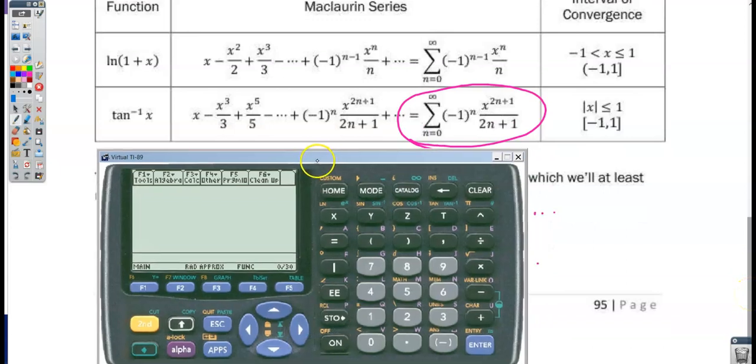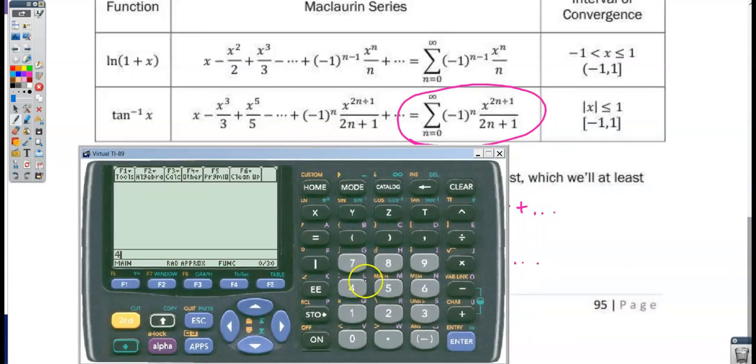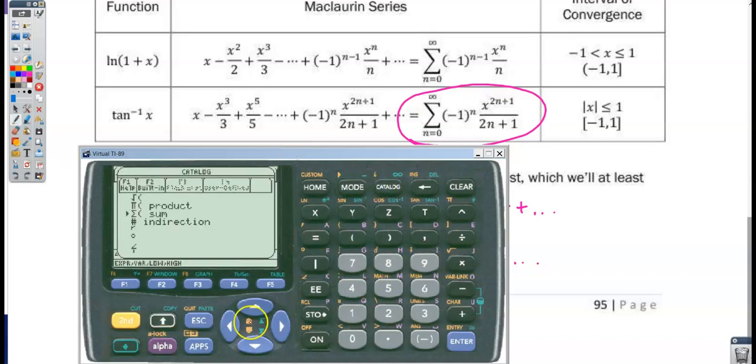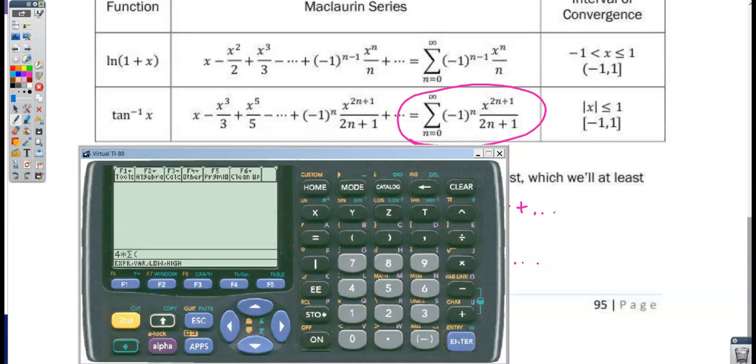So if I take 4 times the sum of quantity -1 to the x times 1 to the 2x plus 1, I don't need to raise, that's always going to be 1, divided by the quantity 2x plus 1. And I can add up the first 100 terms of this.